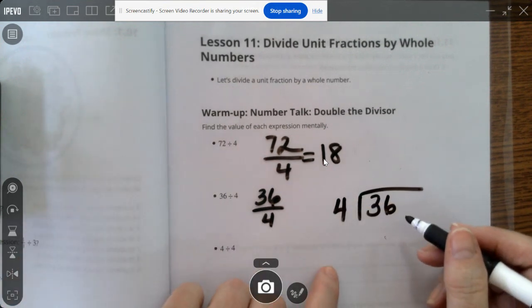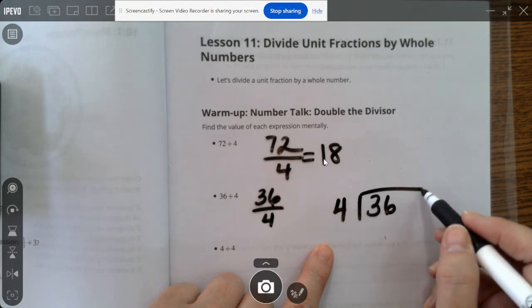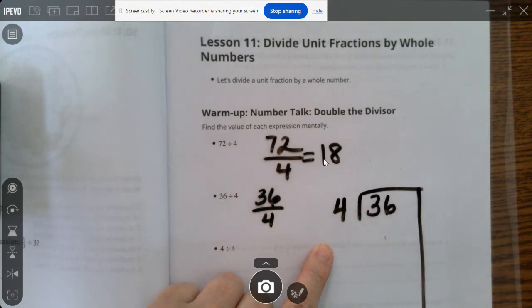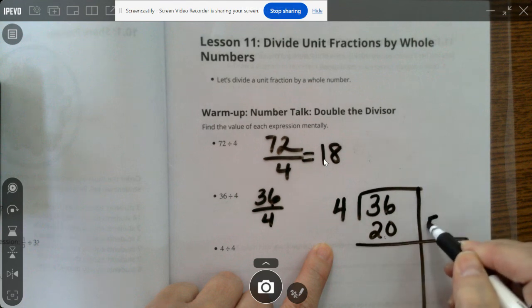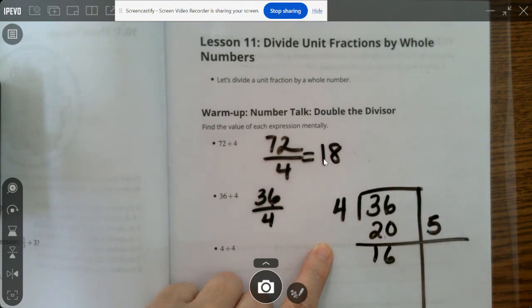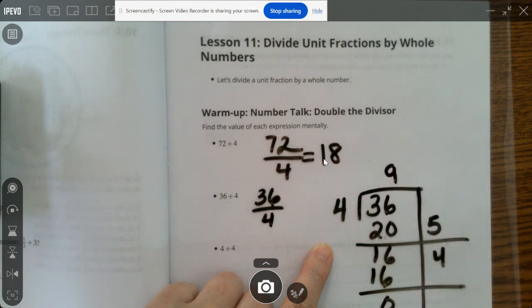Now I would start with 10, but 10 times 4 is 40 and that's too much. So usually people pick convenient numbers like 5. So 4 times 5 is 20. And I subtract and I come up with 16. And now you probably know 4 times 4 is 16. And that is your answer, 9.